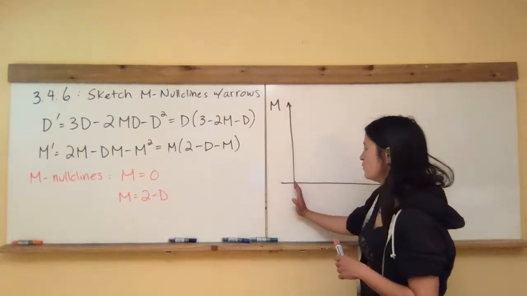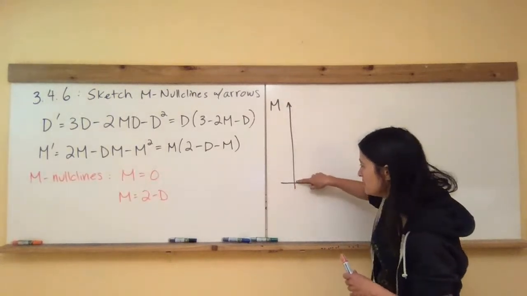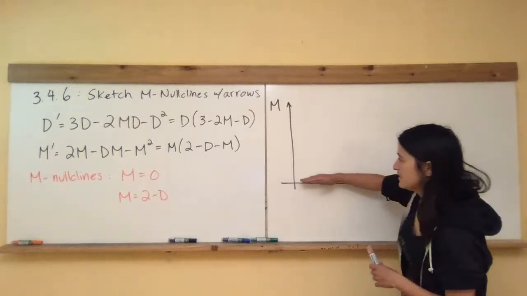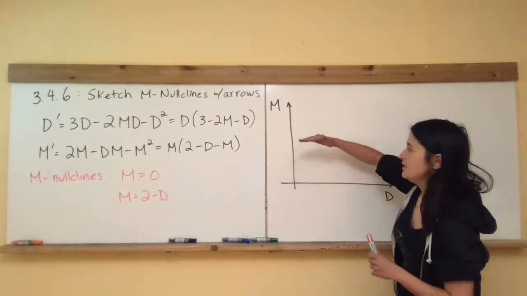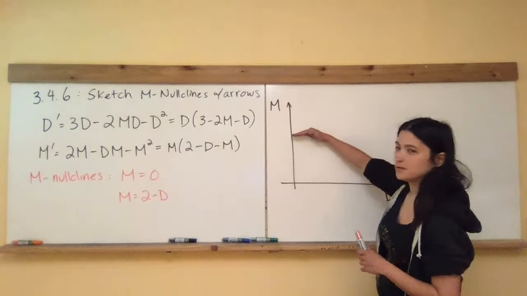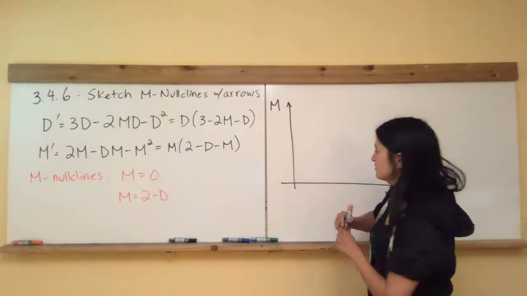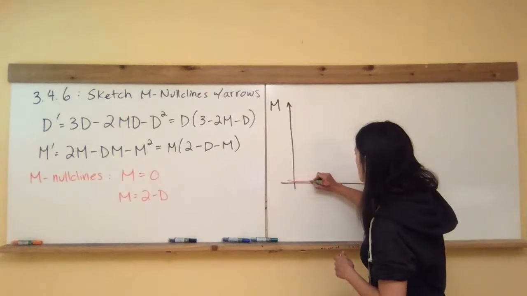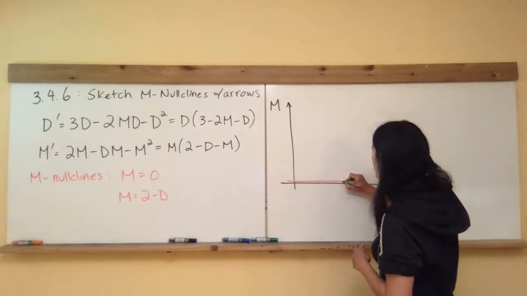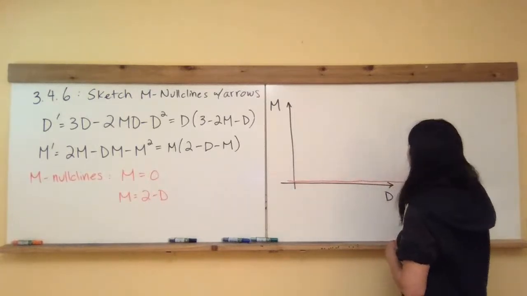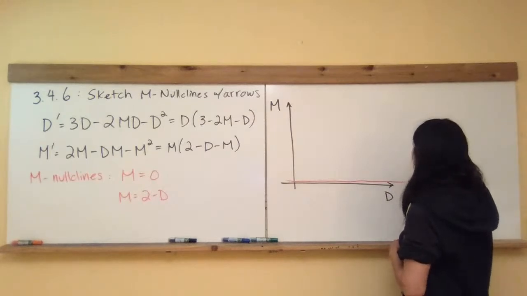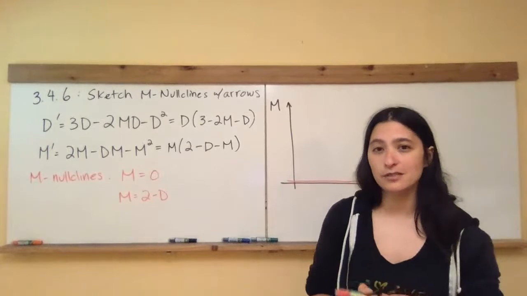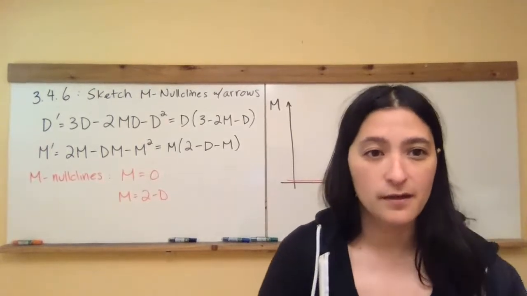And so when M is equal to 0, that results in a horizontal line, because this is M is equal to 1, M is equal to 2, M is equal to 3, and those are all horizontal lines. So M is equal to 0 is this horizontal line. Just like if it was an XY problem and I asked you to graph Y is equal to 0, that would be a horizontal line. D is equal to 0 would be a vertical line.